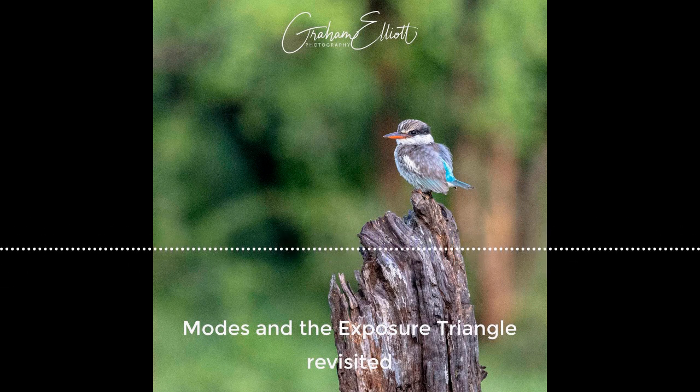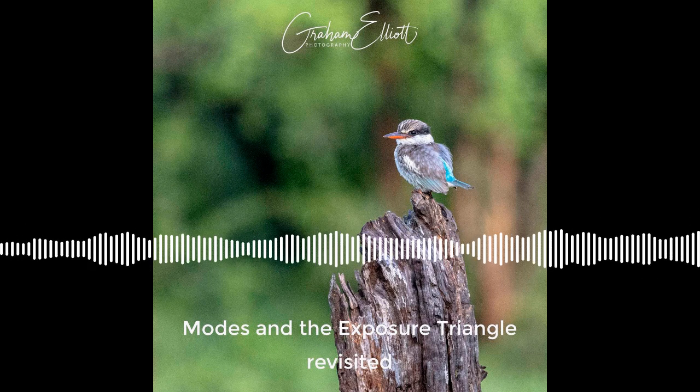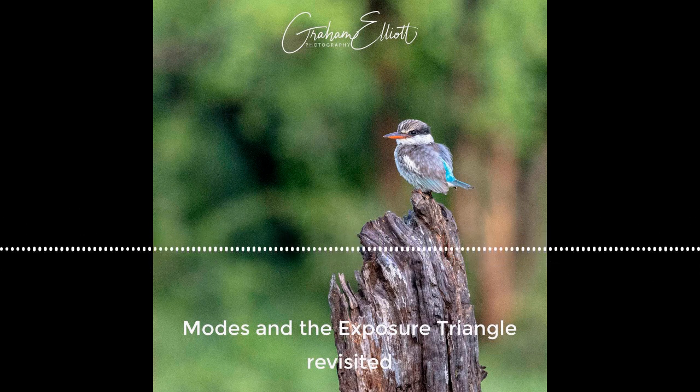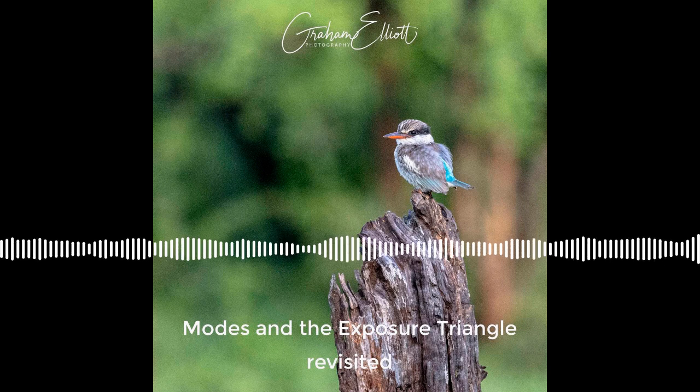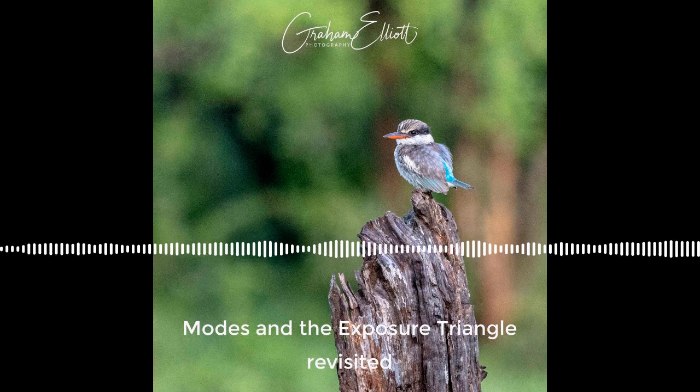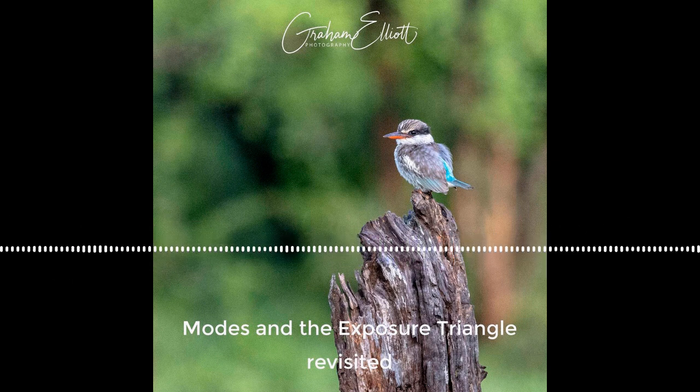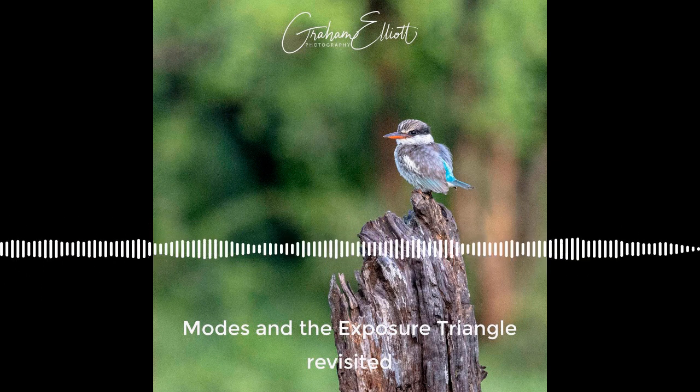So, as I've said, you've got the three variables. You've got your shutter speed, you've got aperture, which is how wide the hole is, if you like, that the light is coming through in the lens. So your lens includes elements inside, and they will open or close a bit like the iris of your eye. When you're in bright light, your iris will close down to restrict the amount of light coming in.